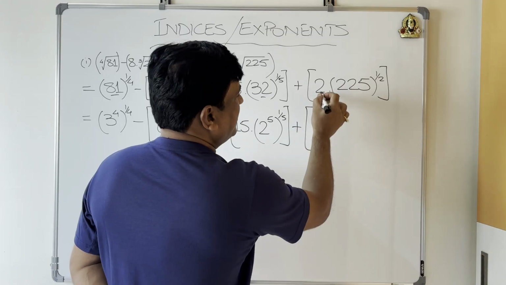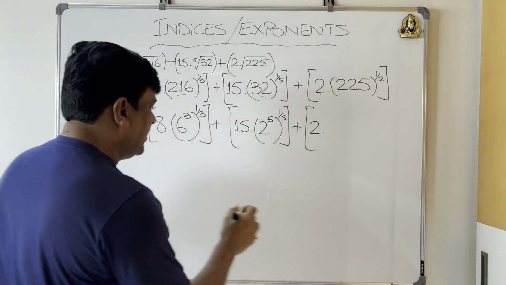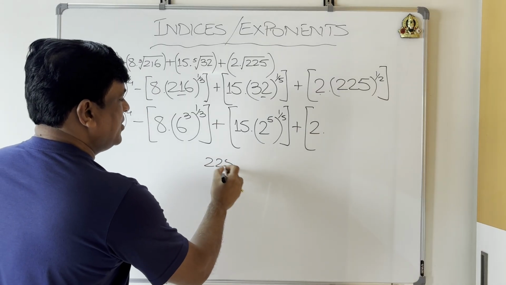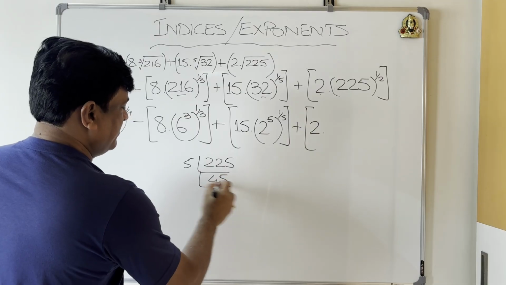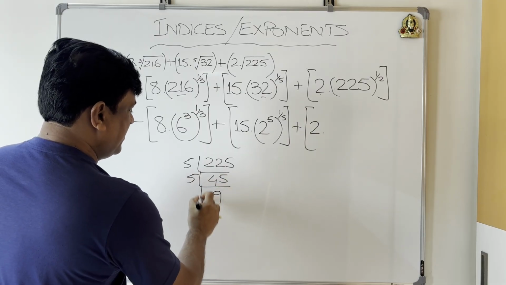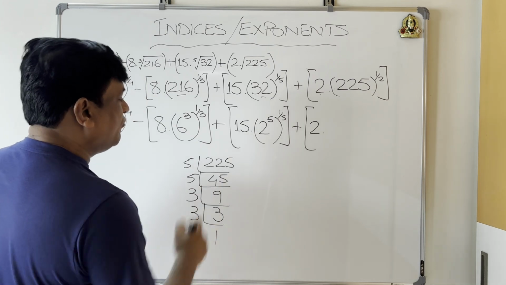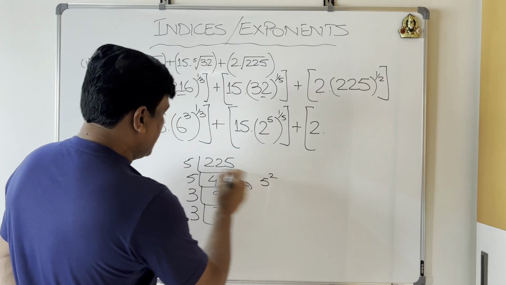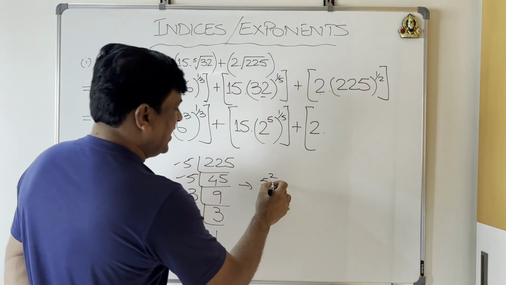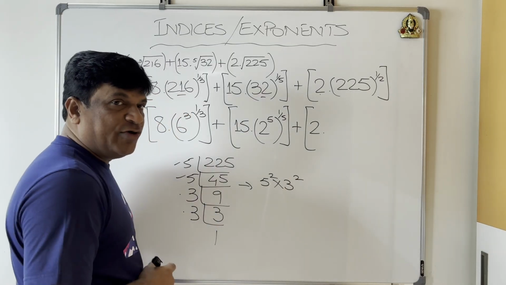Now again I start this 2. I'm going to write it the same as is. Now look at 225. Again find the factors of 225. How do you do it? 5 45s are, 5 9s are, 3 3s are, 3 1s are. So what do you get? 225 can be written as 5 square, because you have two 5s, into 3 square. Again that rule you can apply.